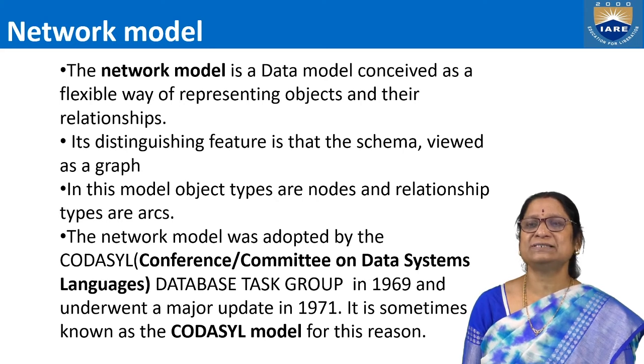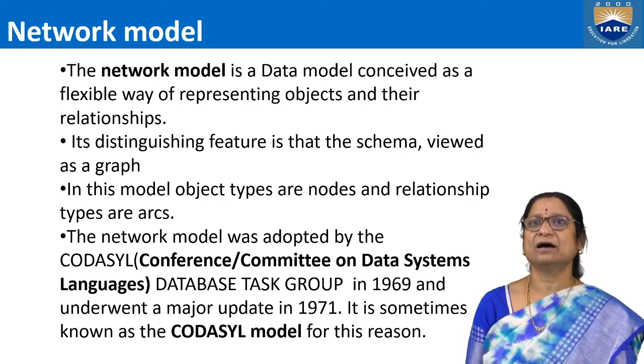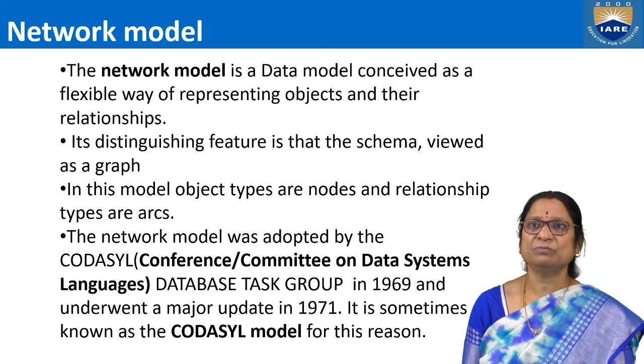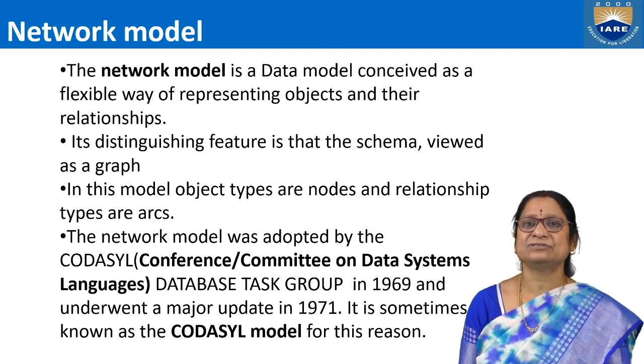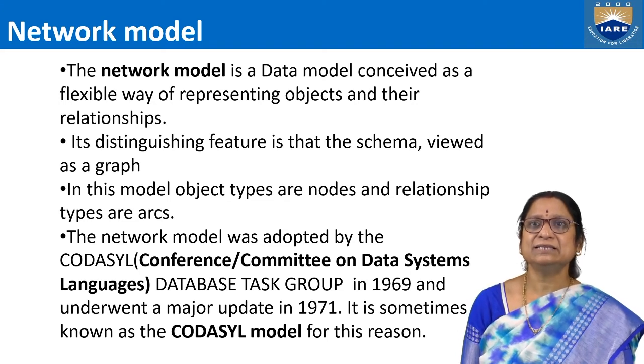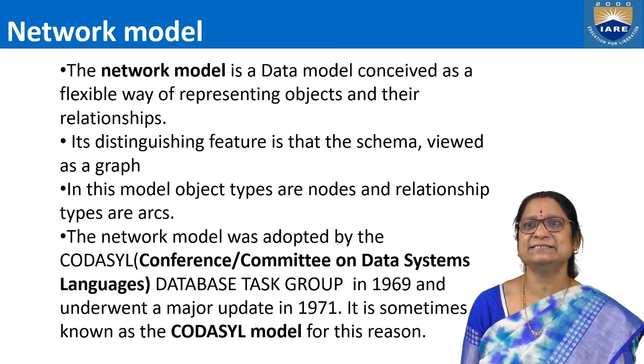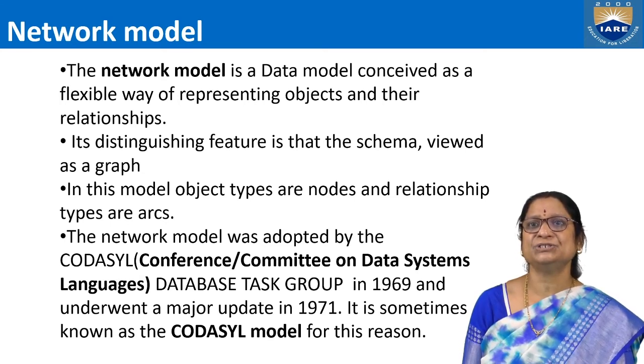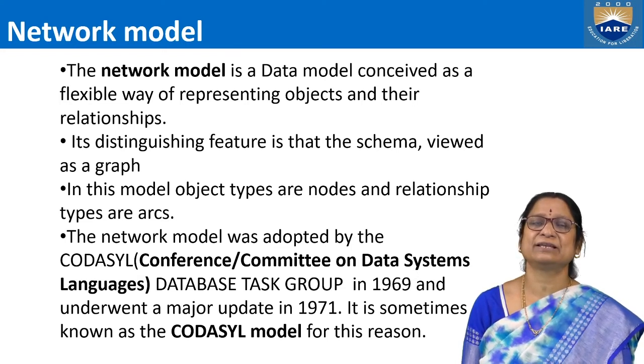Objects are nodes, and these objects are connected with relationship types known as arcs. The network model was initially adopted by CODASYL. CODASYL stands for Conference on Data Systems Languages. This CODASYL Database Task Group introduced the network model in 1969 and it underwent a major update in 1971. Sometimes it is also known as the CODASYL model.